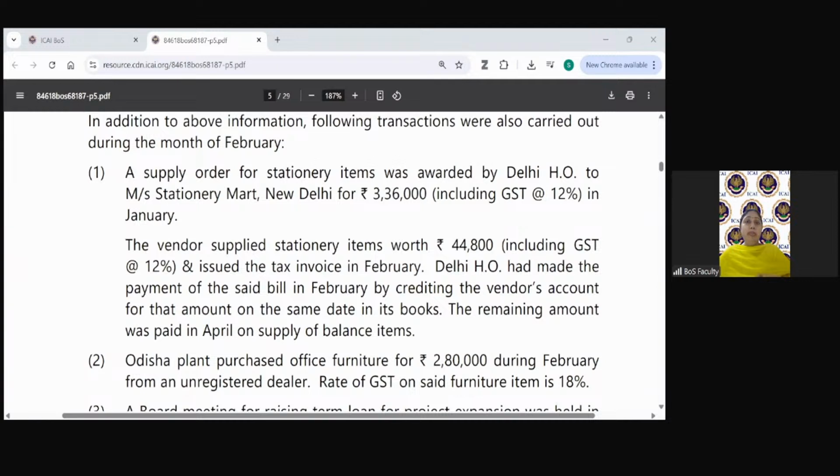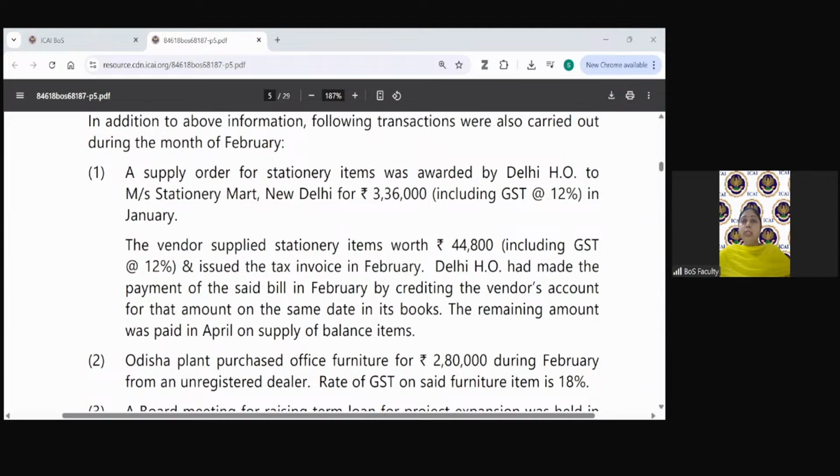So even if the value is 2,50,000, TDS will not be deducted. The value of supply should exceed 2,50,000, and it applies when you are actually making the payment. If you see our question, the supply order was received from the station for stationery items.